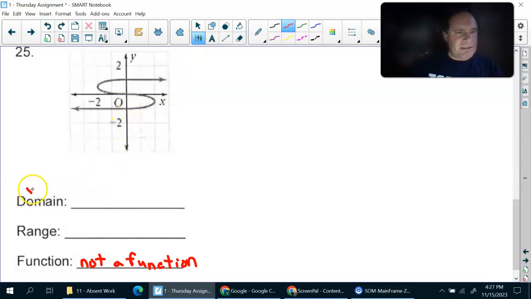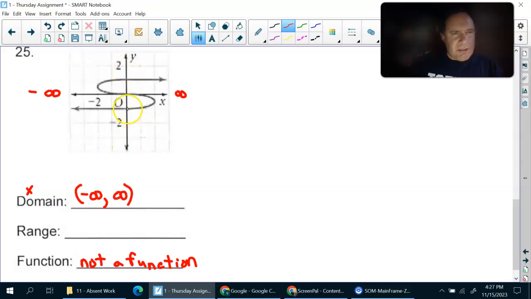So the domain is a list of all the x's. I'm going to go to the left first. The left shows an arrow going forever in that direction. So the x-axis is negative infinity. This arrow shows that it goes to the right forever on the x-axis. That is a positive infinity.